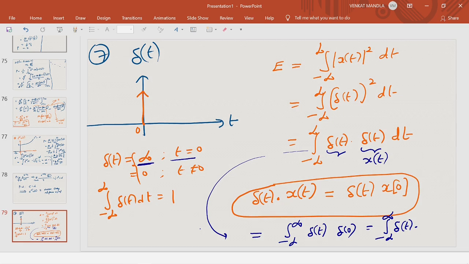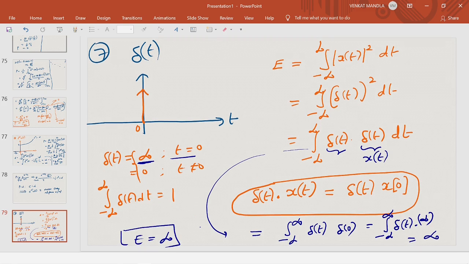What is the del of 0 value? Infinity. You are multiplying any signal with infinity, you will get infinity. So energy equals infinity. Similarly, you will get power also infinity.